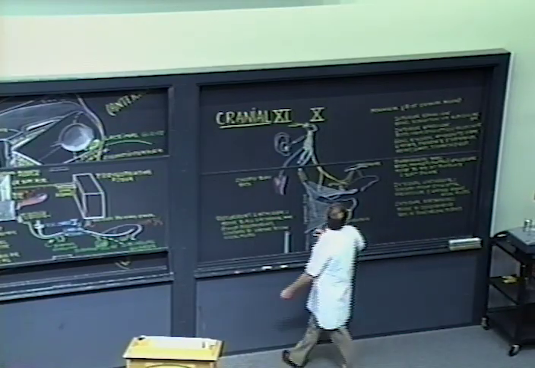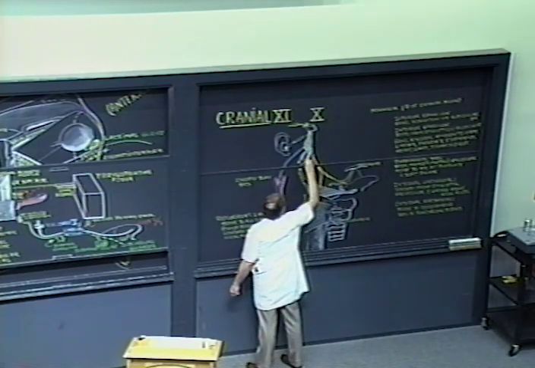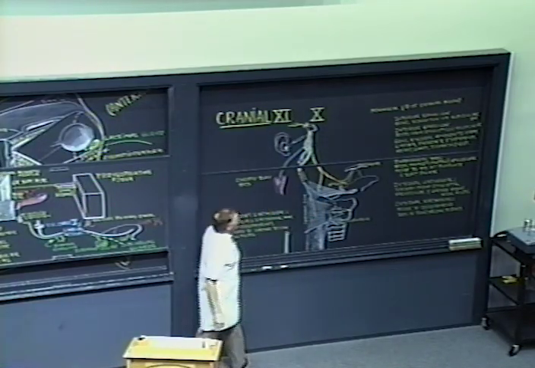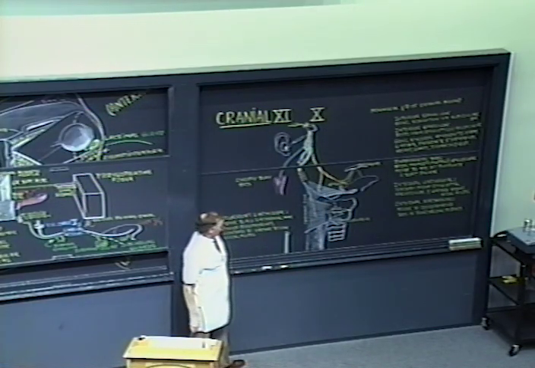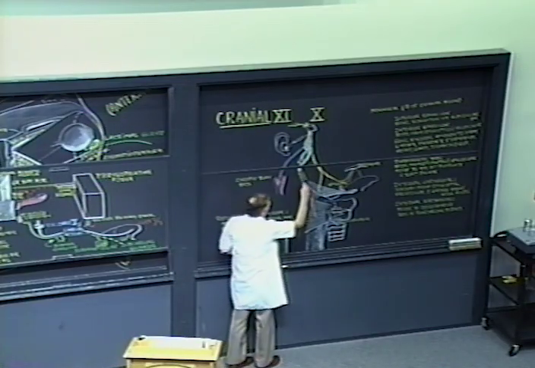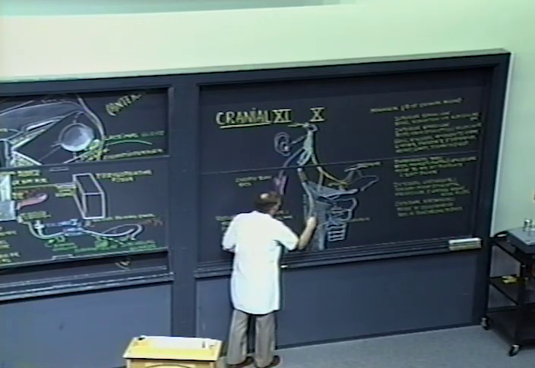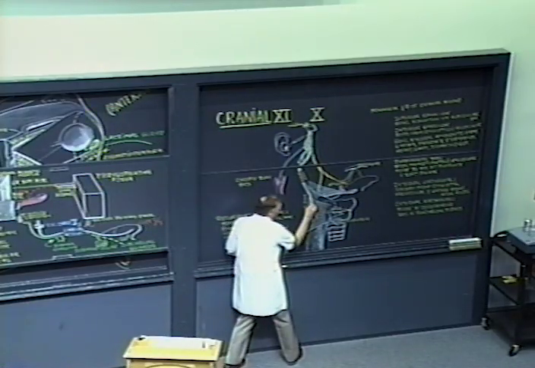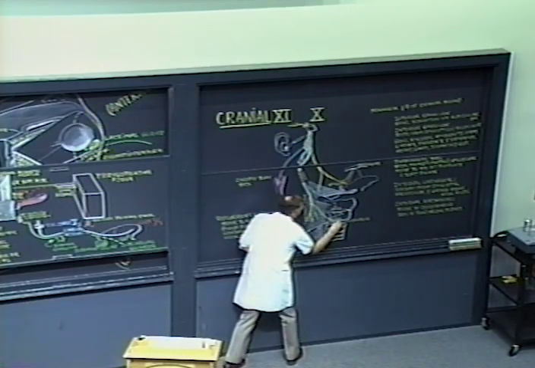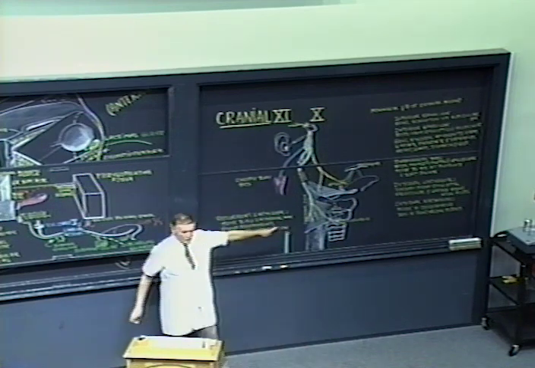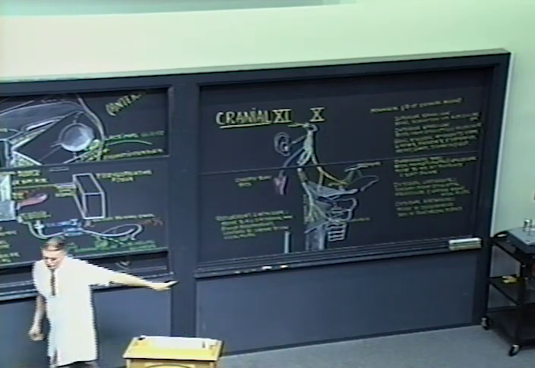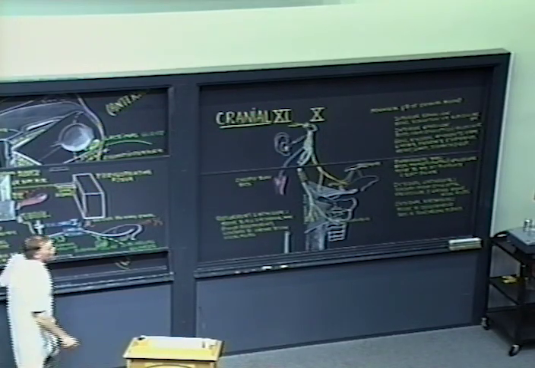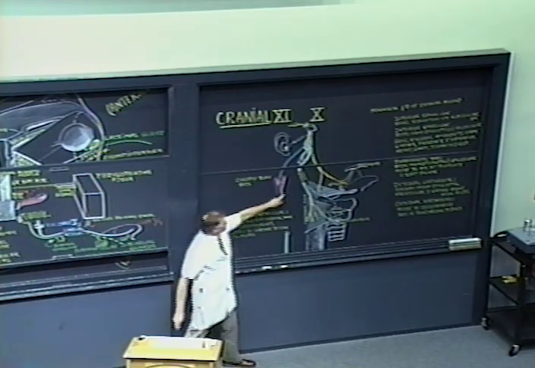Likewise, motor components accompany the superior laryngeal nerve and contribute to the pharyngeal plexus and provide innervation to one muscle, cricothyroid, one laryngeal muscle. And that is from the external laryngeal branch of the superior laryngeal.